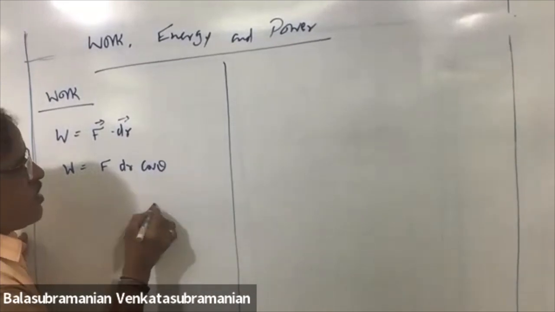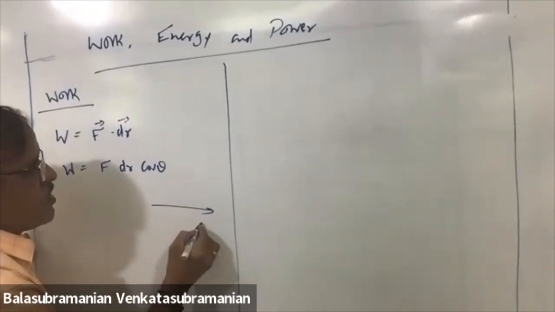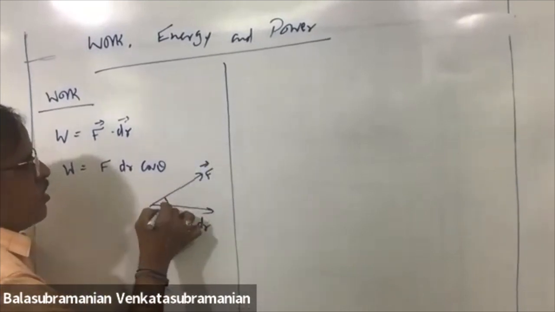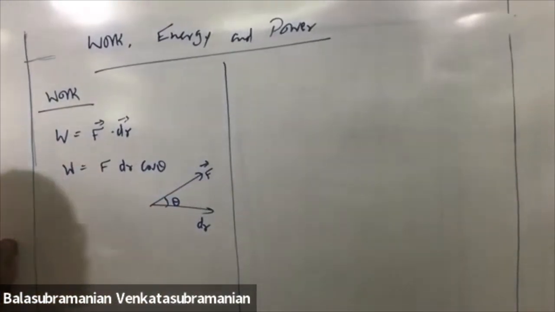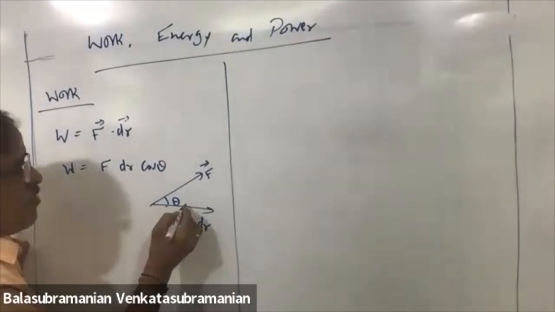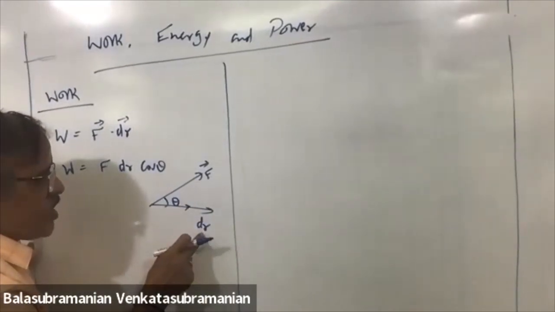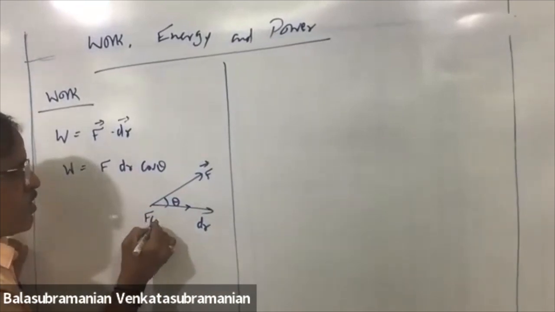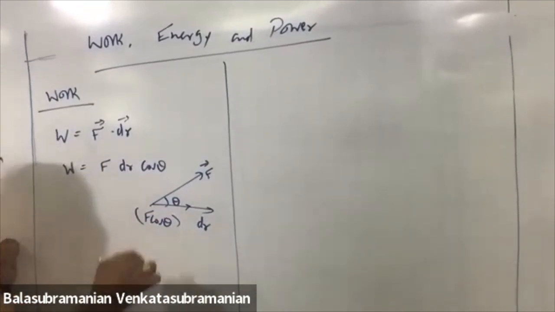Suppose this is the displacement direction and this is the force direction, making an angle theta. Then along the direction of displacement, the component of force is F cos theta.